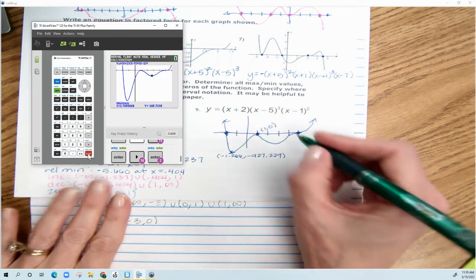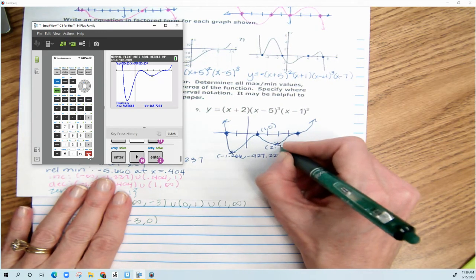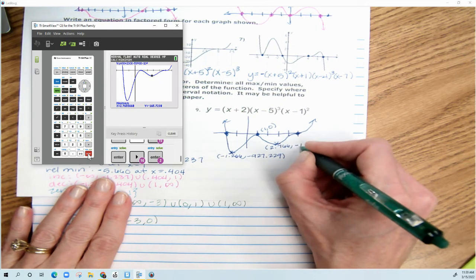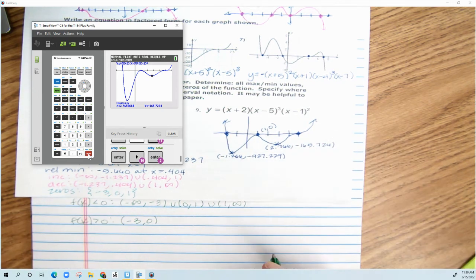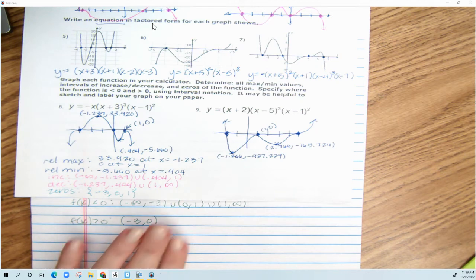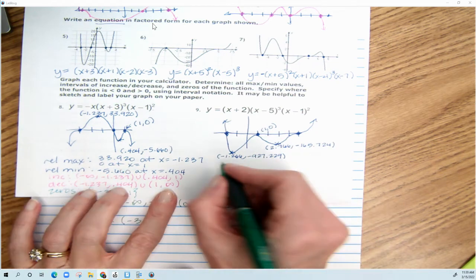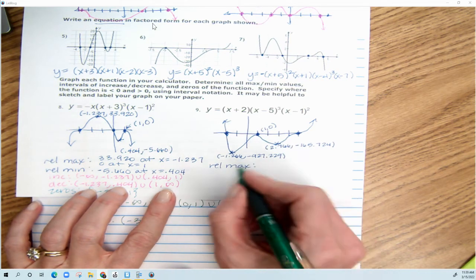And so this turn right here is 2.766 and -165.724. All right, so once I have all my x-intercepts and all of my turns, then I can answer the questions. So starting with relative max and relative min.